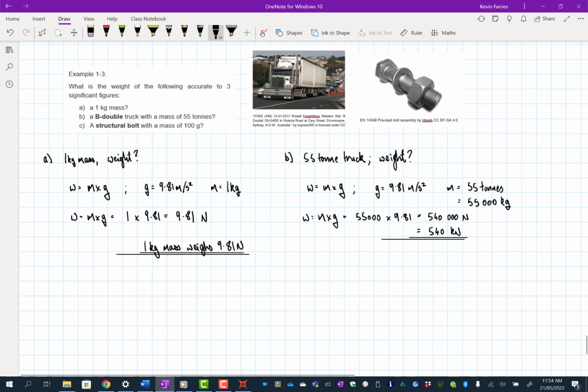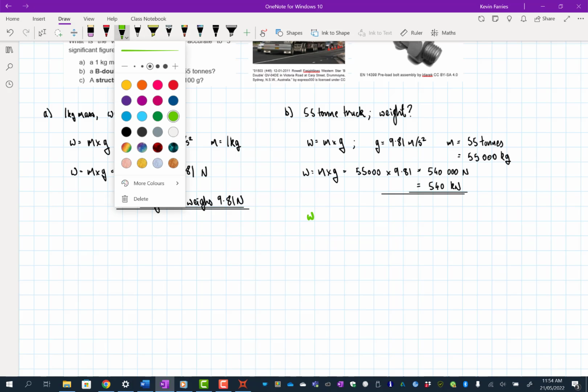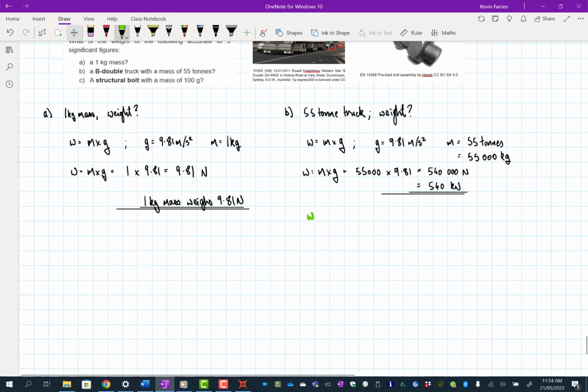the wrong place. What we can remember is that we've still got W equals M. Let me just put this in green because it's not part of the main answer. So we've got W equals M times G. Now we could just have used tons here.